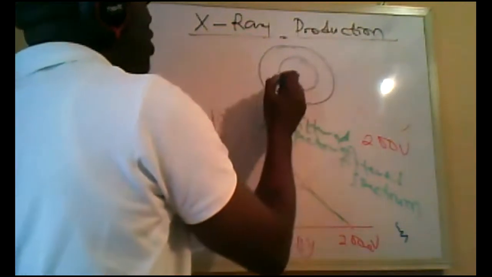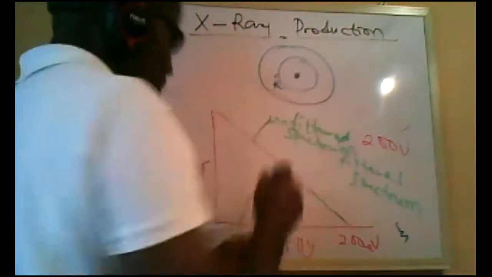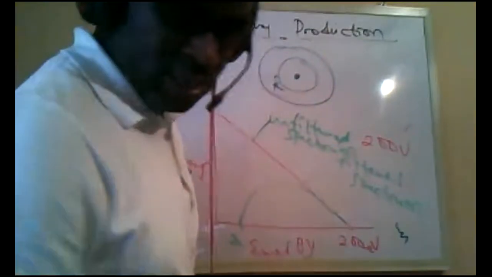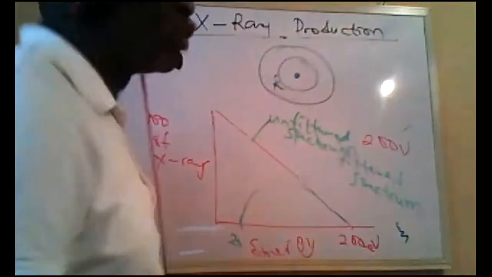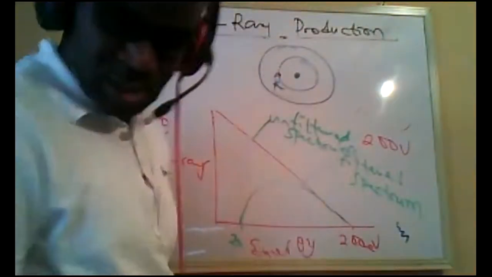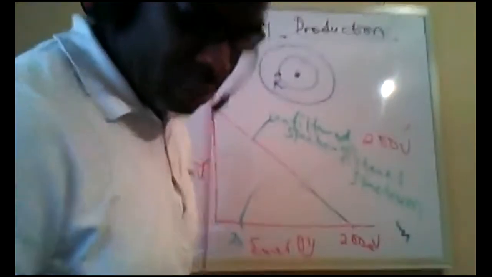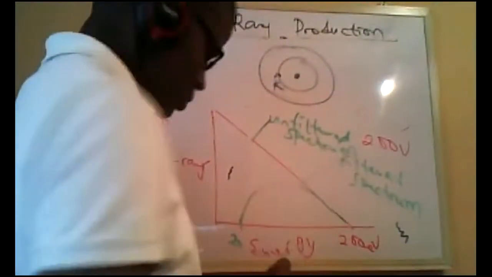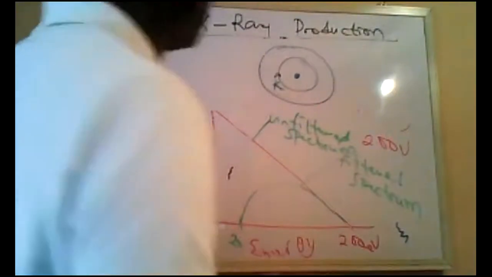So this is our K shell. Of course, this is the most important shell during X-ray production, because all the other ones are not so useful, because of their distance of propagation.